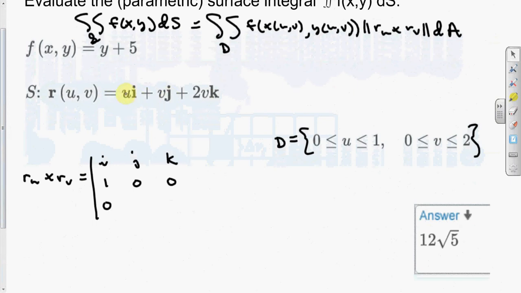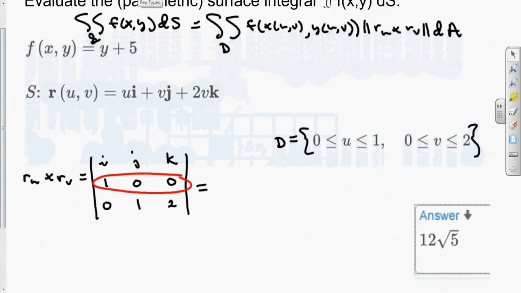So the partial of the first one with respect to v is 0. The partial here of this y with respect to v is 1. And the partial of the k position, of z, with respect to v is just 2. If you have a row with 2 zeros, only one term, then you can start there and you can compute that determinant. So here, I'm looking at this row.